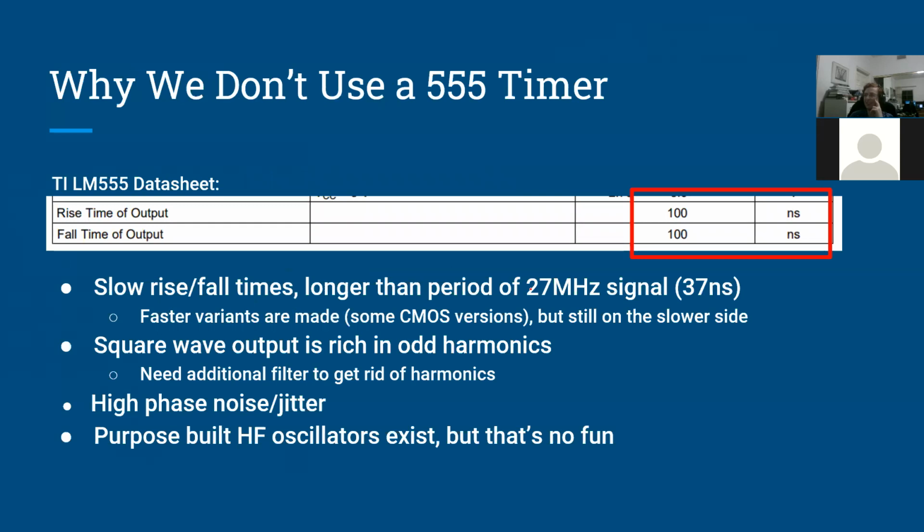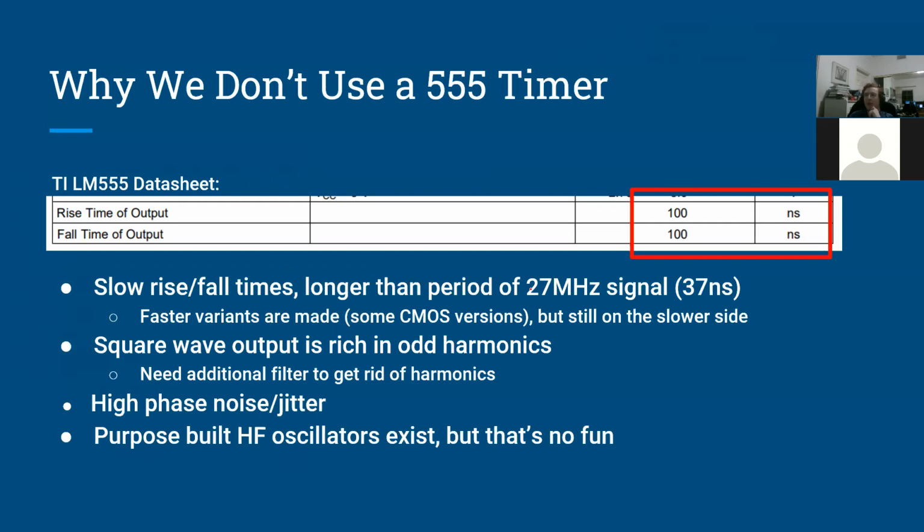So I stuck in this slide because I just found it interesting. Many of you have worked with the 555 timer at some point, and you've created perfectly nice square waves at certain frequencies with it.